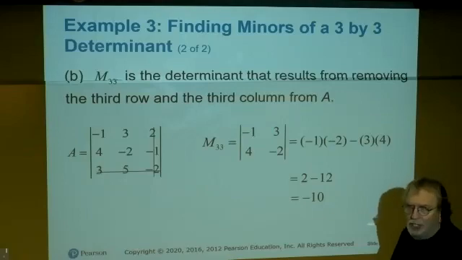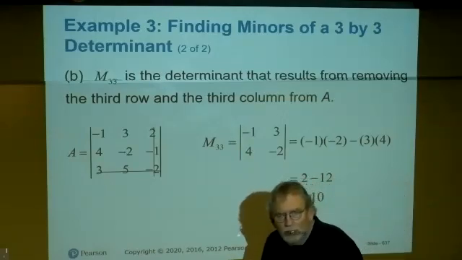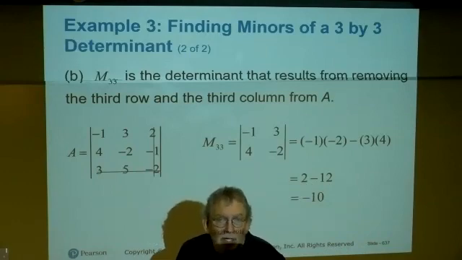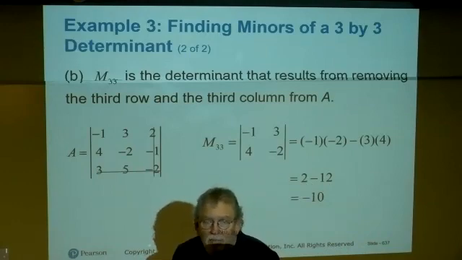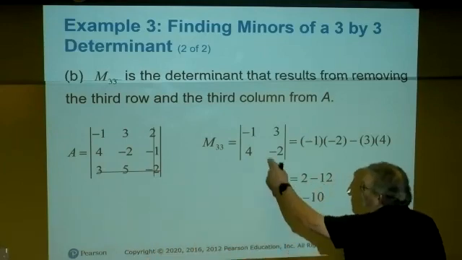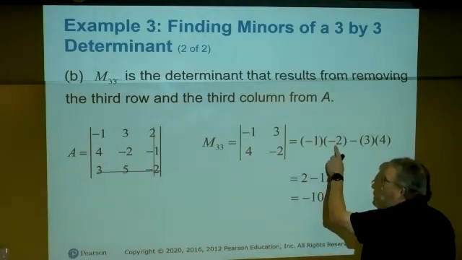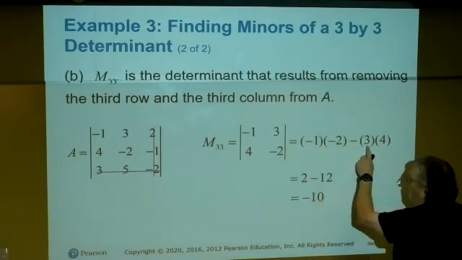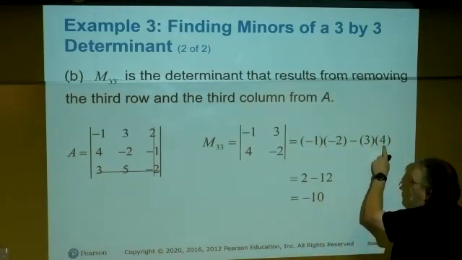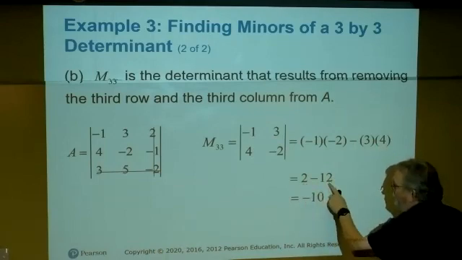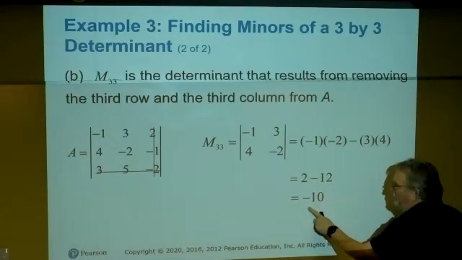When I do this on paper, like when I create a problem for you all to work, I work the problem out, writing everything down. So -1 times -2 minus 3 times 4, 4 times 3. And then I get 2 minus 12, which gives me the -10.